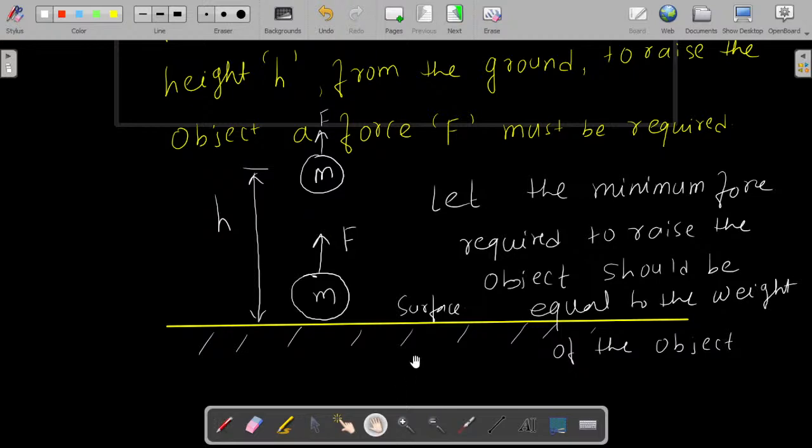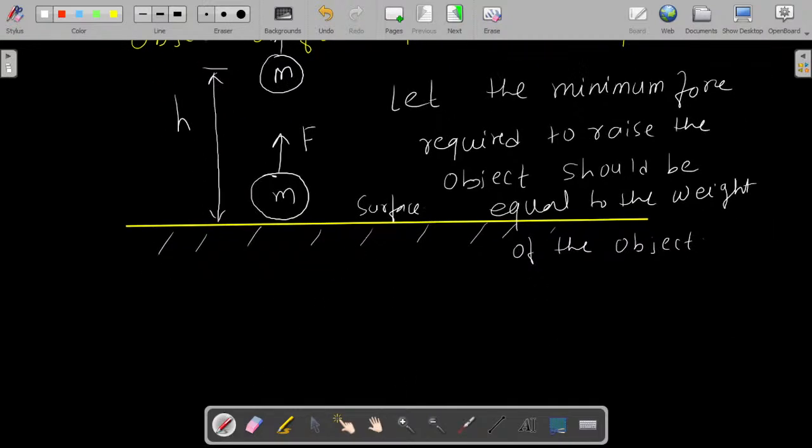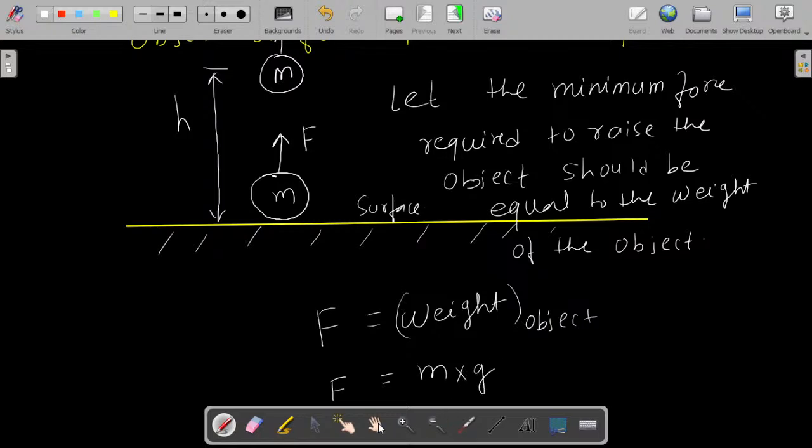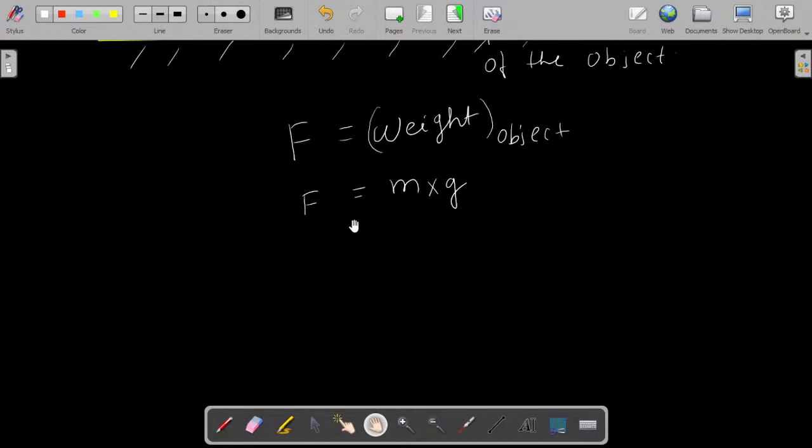So we can write here, force is what? Weight. Now you tell me the weight formula, weight of an object. What is the formula for the weight of an object? It's m into g. Weight formula is m into g.